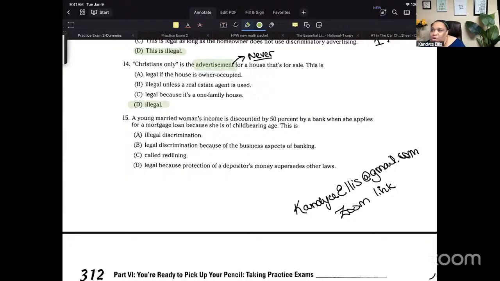Are you renting a room in your house or up to a 1 to 4 family unit dwelling? So it's a small condo, a duplex, and you live in one of the units. Yeah, you can discriminate. However, you can't advertise it. You can't use an agent. It can never be based on race.